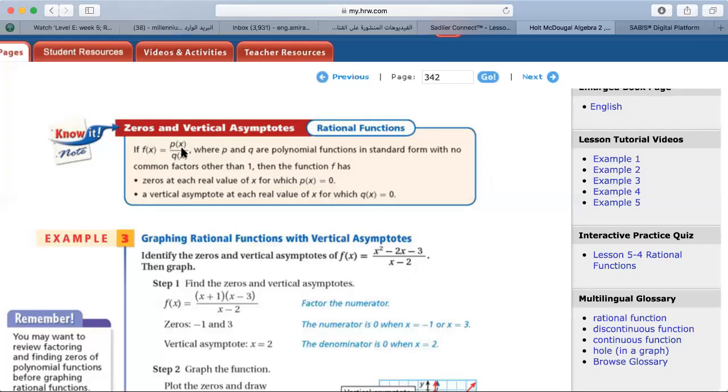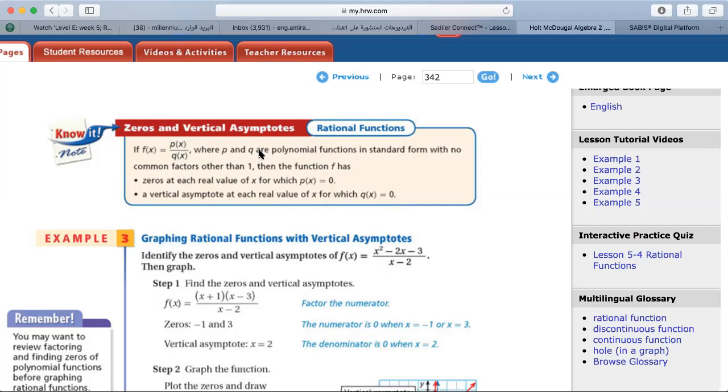If f of x is equal to p of x over q of x, where p and q are polynomial functions in standard form with no common factors other than 1, then the function f has zeros at each real value of x for which p of x is equal to 0, and a vertical asymptote at each real value of x for which q of x is equal to 0.